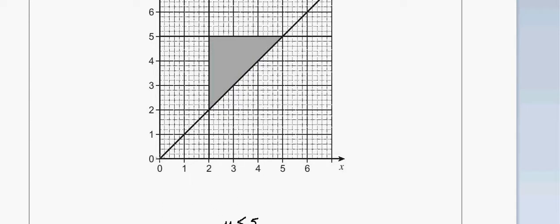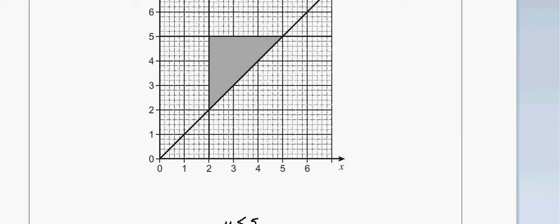Now, as I said to you on the inequality video, you should know this line just by looking at it. Okay, I can see that it hits 0,0, 1,1, 2,2, 3,3, 4,4, 5,5. So I know this is the line of y equals x.